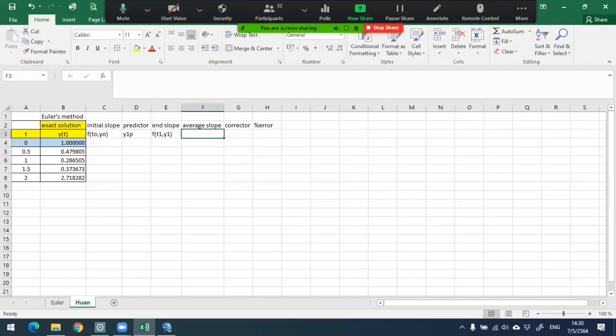So the average slope is the average of f(x,y) that we have to evaluate, right? And after that, we will plot the corrector that is y1.